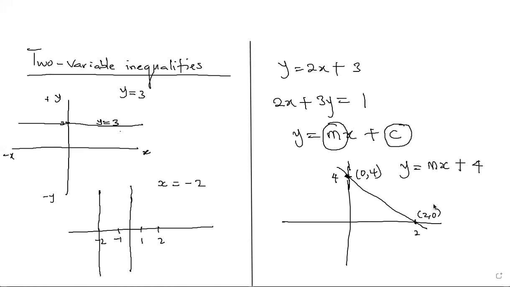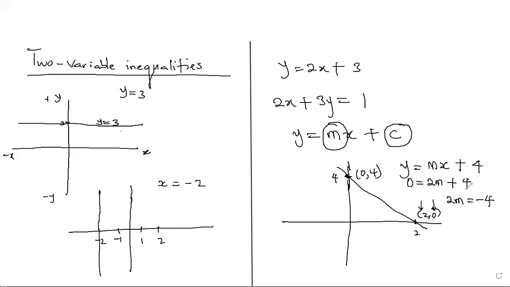I will replace y with 0 and x with 2, because it's an ordered pair. X always comes before y. So if I put 0 for y and 2 for x, I will have 2m plus 4.